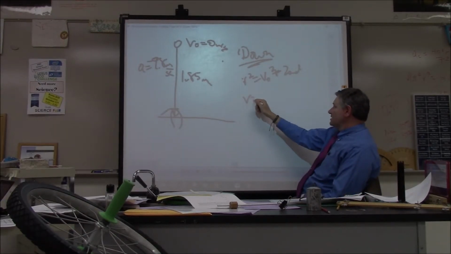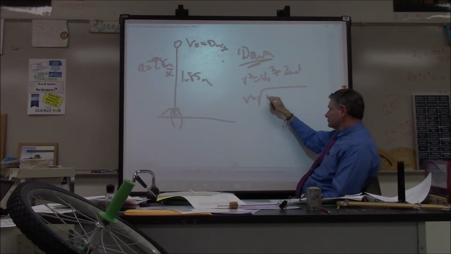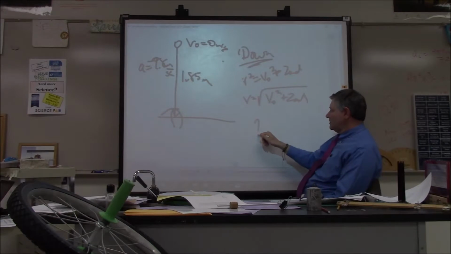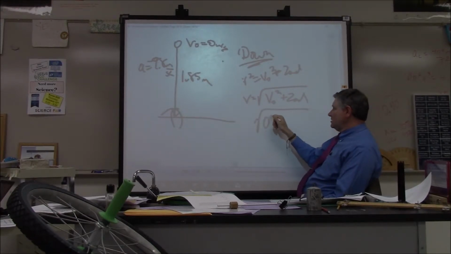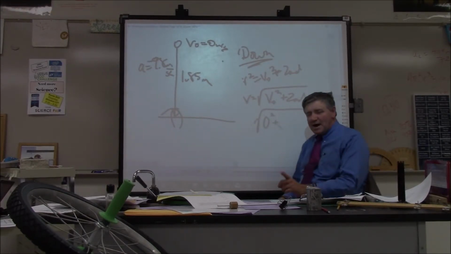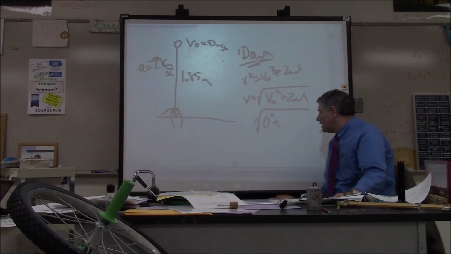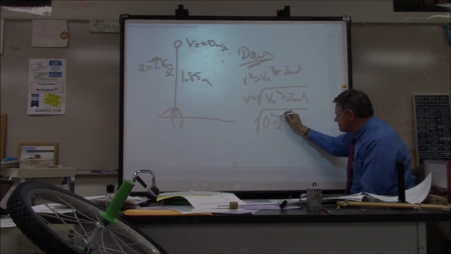So I'm going to have v is going to equal the square root of v naught squared plus 2ad. V naught is going to equal 0. Now, what I'm about to do is wrong, okay? Do not do what I'm about to do. It's wrong. Yeah, okay, hey, this is easy. I can physics, okay?